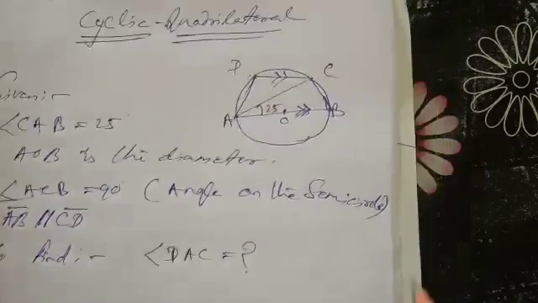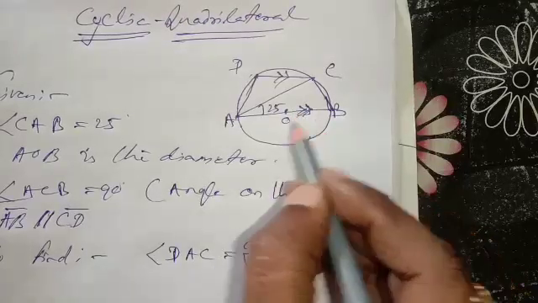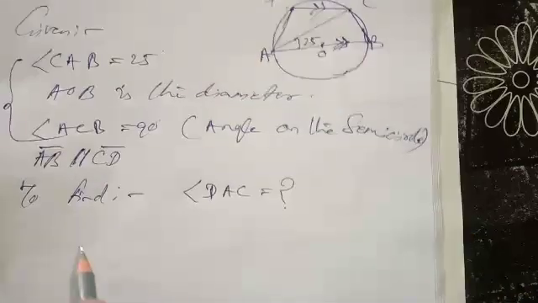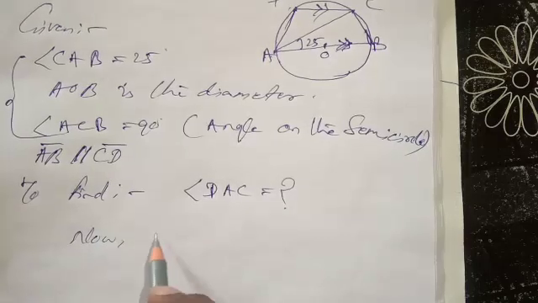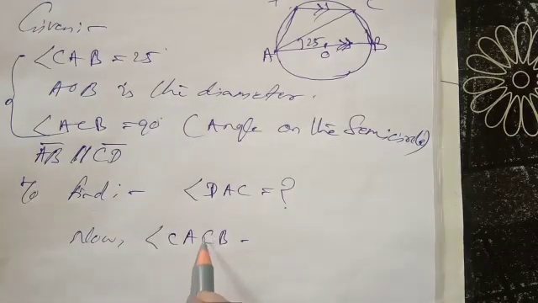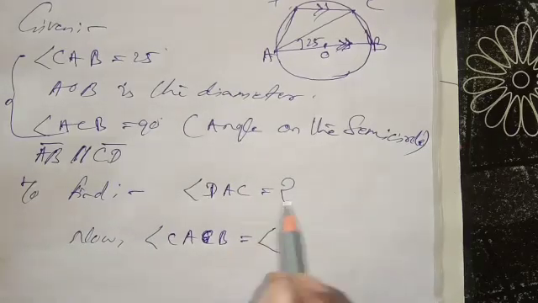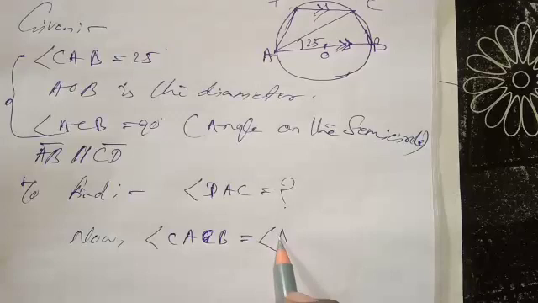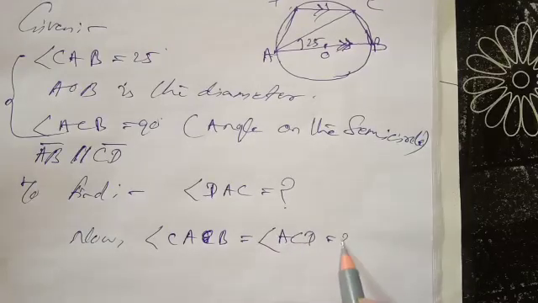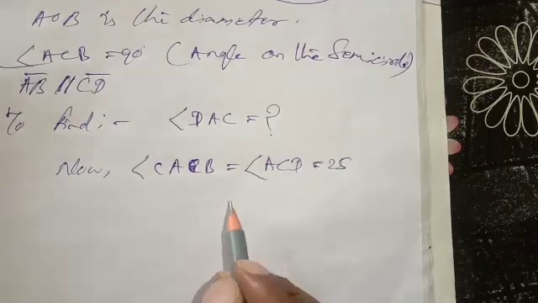Now see, as this line is parallel, angle CAB is equal to angle ACD, which is 25 degrees. Again, angle ACB is also 90 degrees.